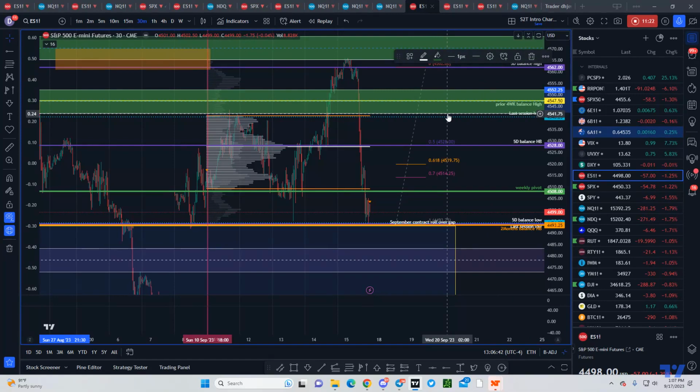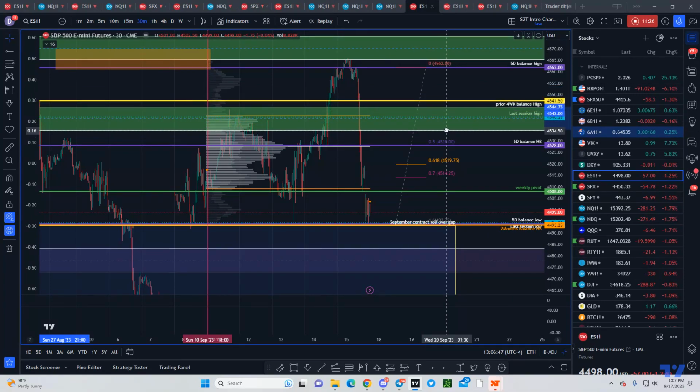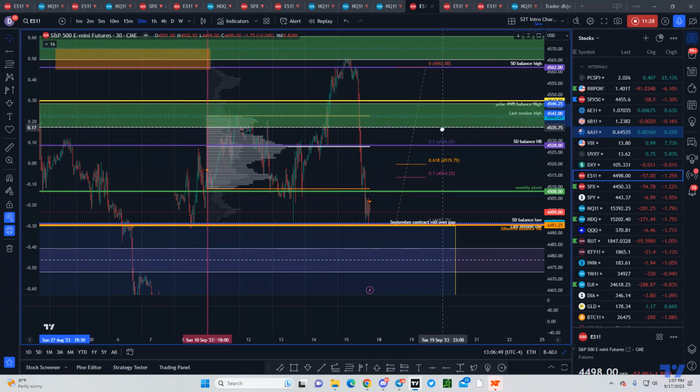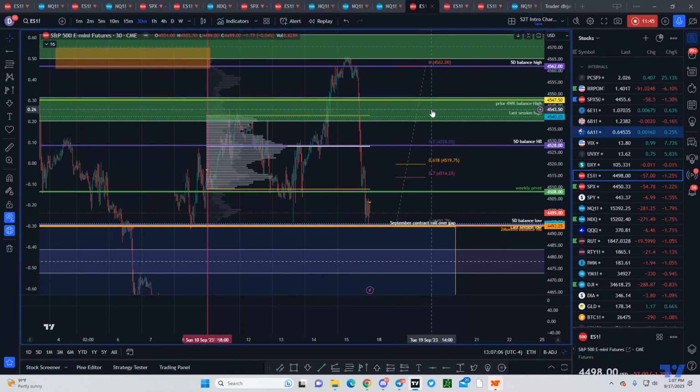We're going to make the middle of that area 43, which equals last week's value area high, a whole zone right there from 43 to 47.